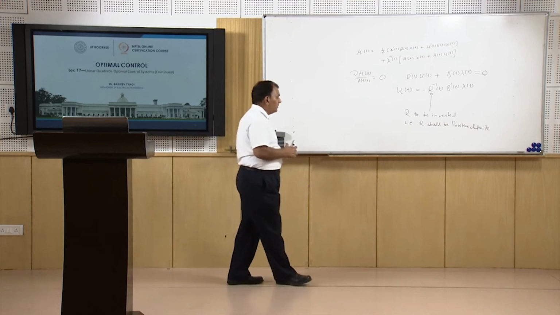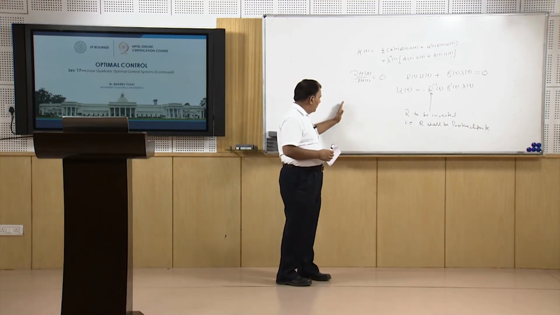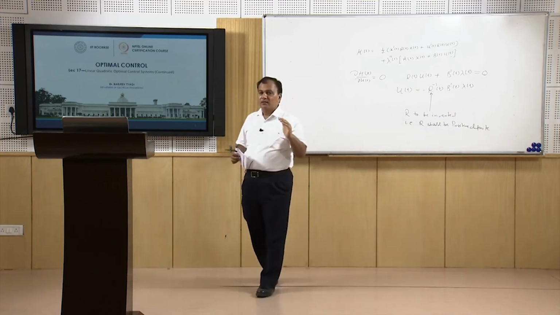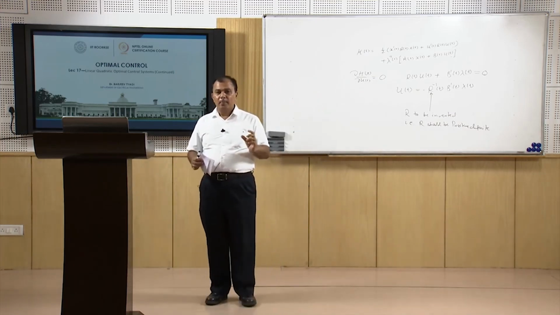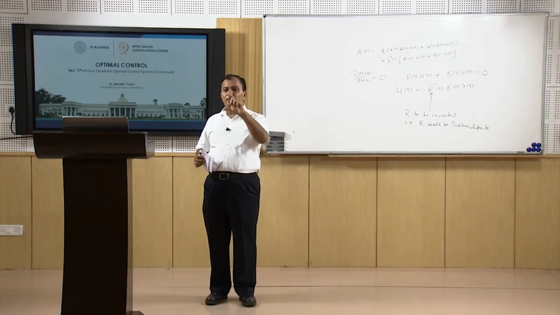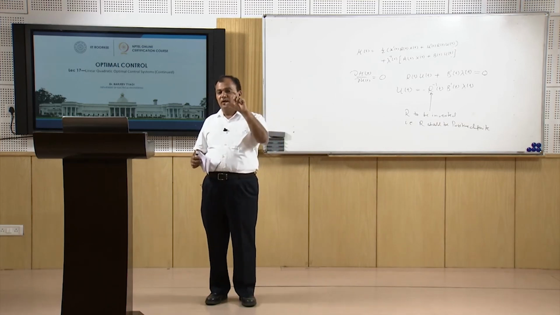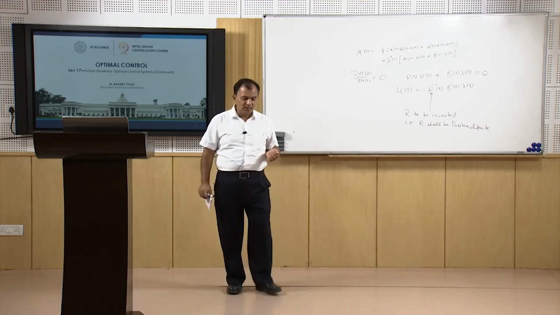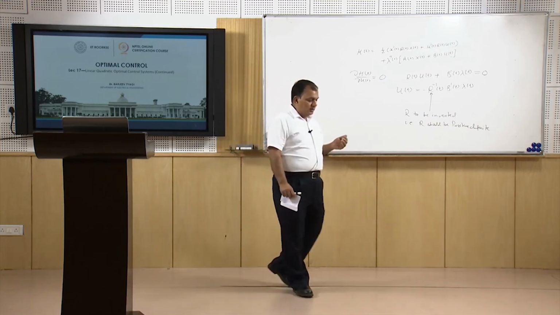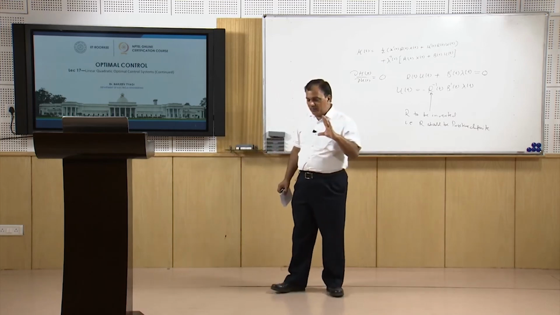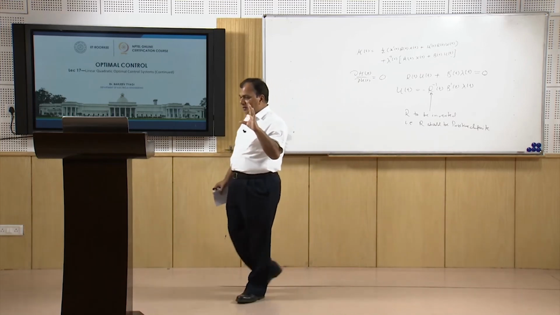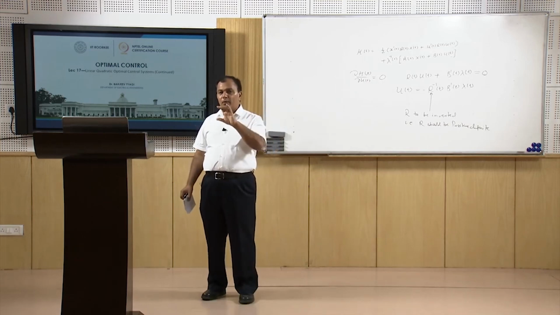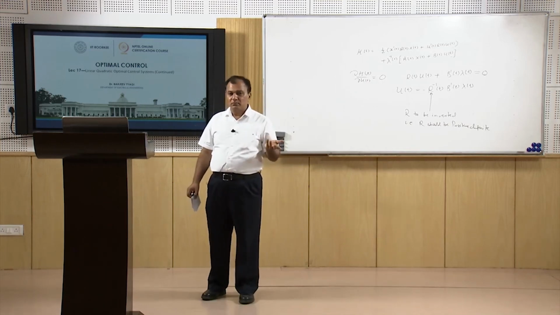So, till my time is finite, all the states which I am finding will also have finite values. So, if I have finite values, this means I am satisfying my bounded input, bounded output condition.